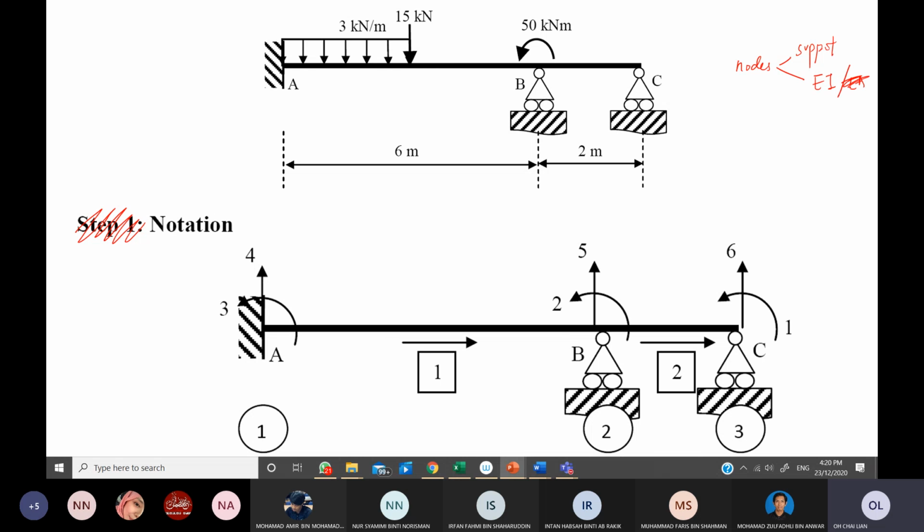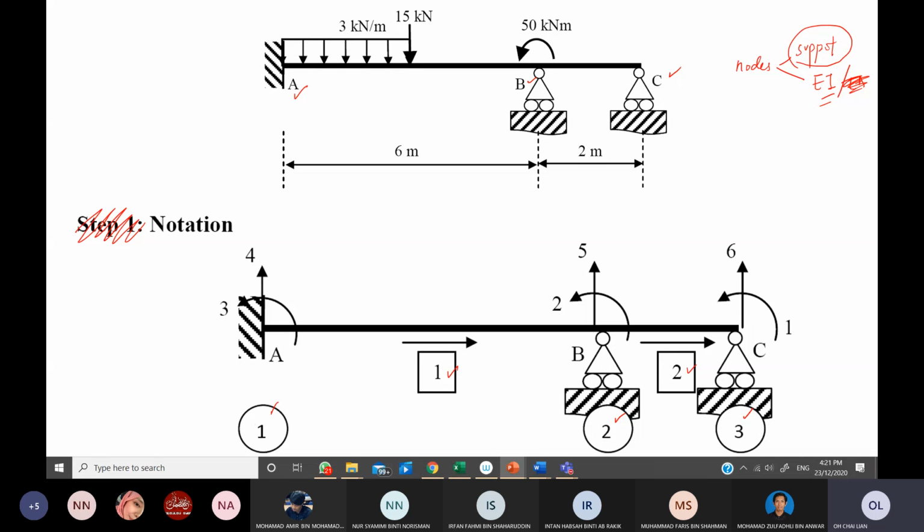In this case we have only EI, and EI is constant, therefore we put the nodes at the supports only. So we have supports A, B, C, therefore we put nodes at A, B, C. In between these nodes are the elements, so we mark element 1 and 2. Elements we put in a box, nodes we put in a circle.